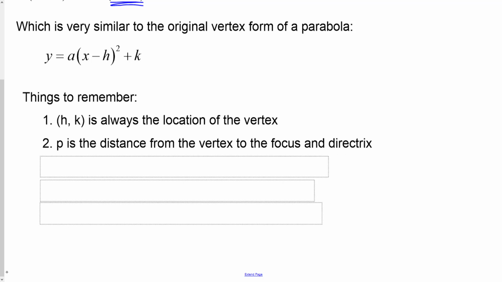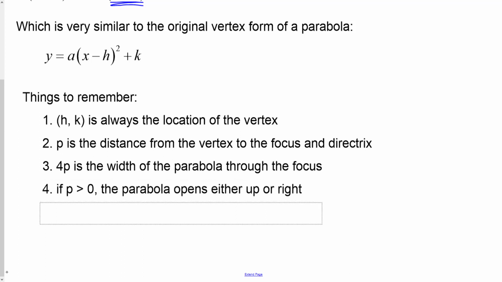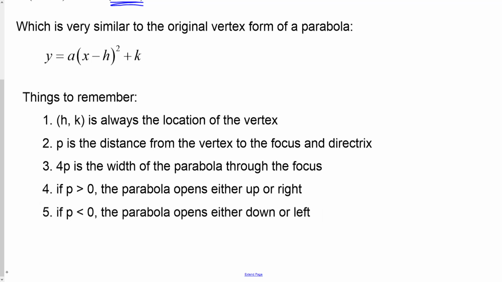So if you have that number, that's very handy in graphing. 4 times p is the width of the parabola through the focus. If p is greater than 0, the parabola is either going to open up or right. Both of these are the positive directions. So if p is positive, it opens in the positive direction. If p is negative, the parabola opens in the negative direction.